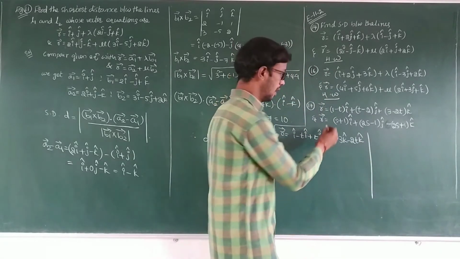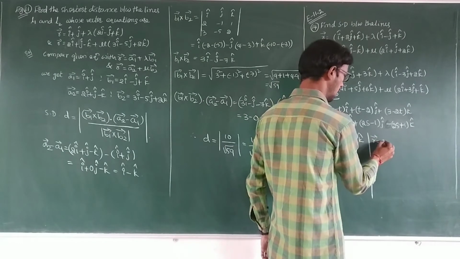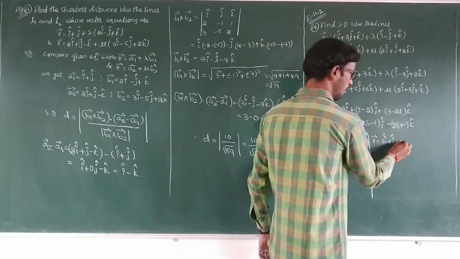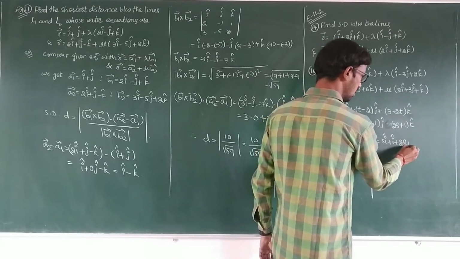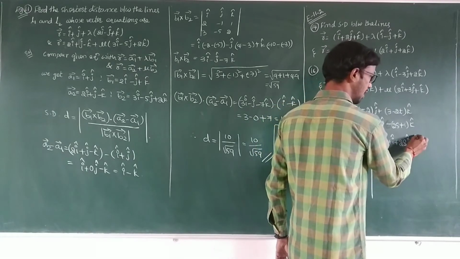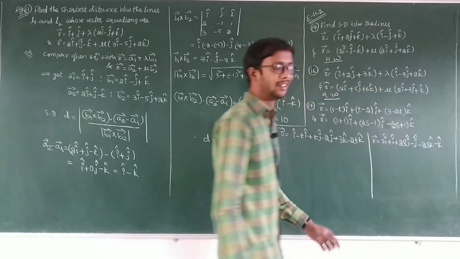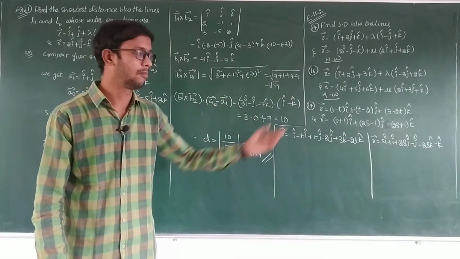That is one. And another one is R bar equal to S I cap plus I cap plus 2s j cap minus j cap minus 2s j cap minus j cap. Just multiply I, j, k inside.